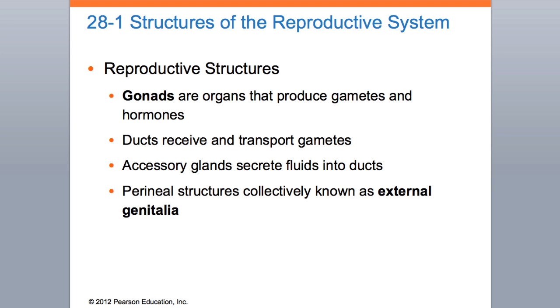Then we have accessory gland, which secrete fluids again into ducts. Anytime you see ducts, you know that we're dealing with the exocrine gland. And then we have an area called the perineal area, often called perineum. And that is the triangular shape that we'll see later between the legs. And that's the best way to remember it. So far we have these two slides.